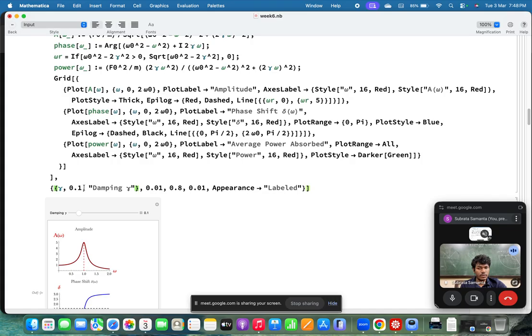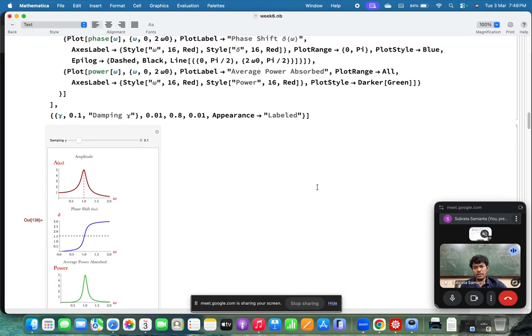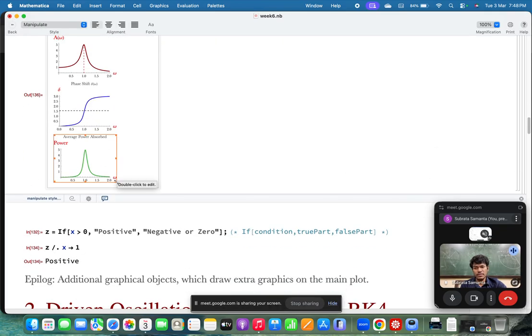This is the manipulator, a slider with a step of 0.01. This is all in the Manipulate function, and this is the result. You can just increase this.